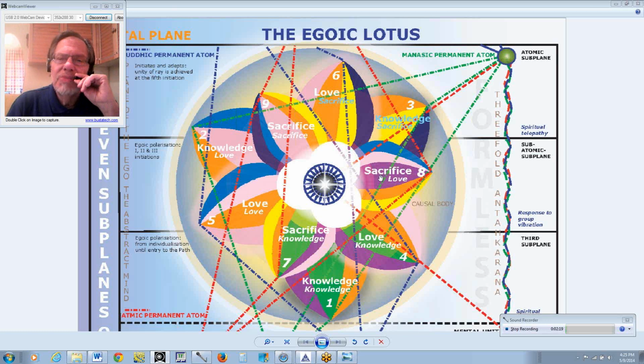These are the sacrifice petals. And then we have the synthesis petals, which begin to open at each of the first 3 initiations and bursting open just before the 4th initiation.